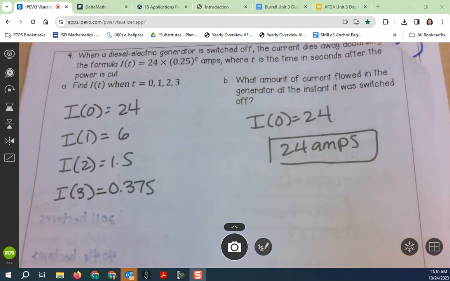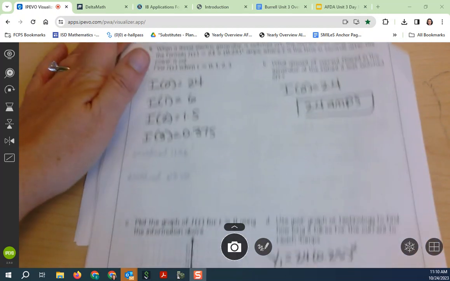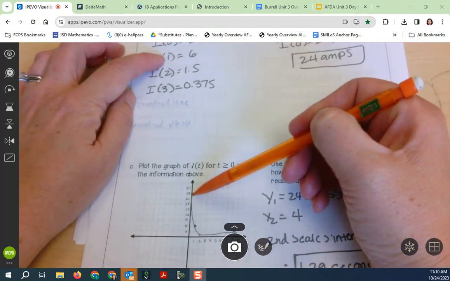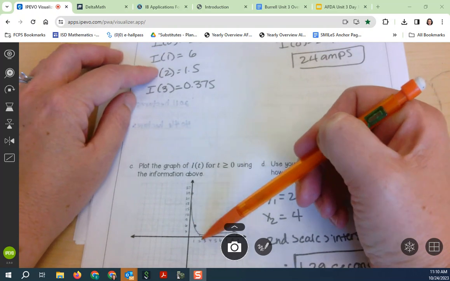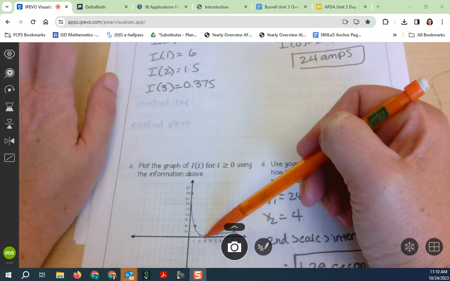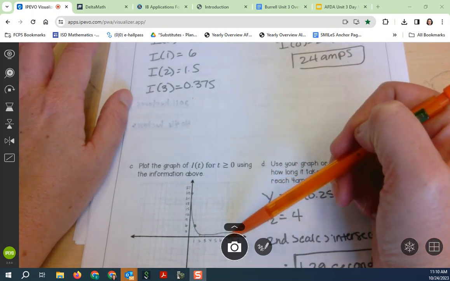Then you're just going to make a graph of these numbers here: 0, 24; 1, 6; 2, 1.5; and 3, 0.375. That's definitely going to be an estimate. You do your best there, and you graph the function.